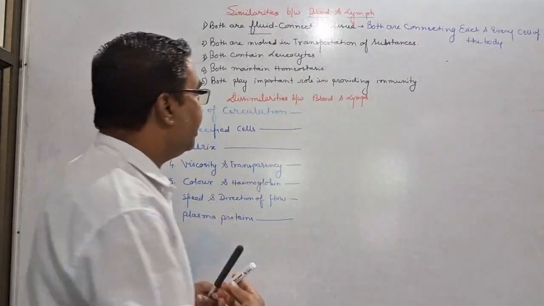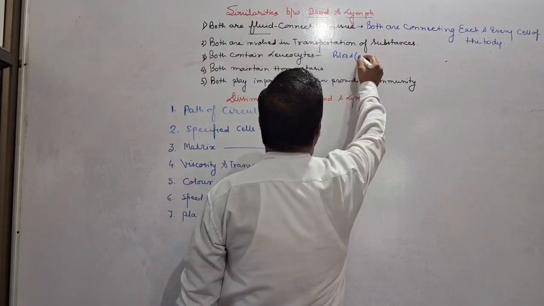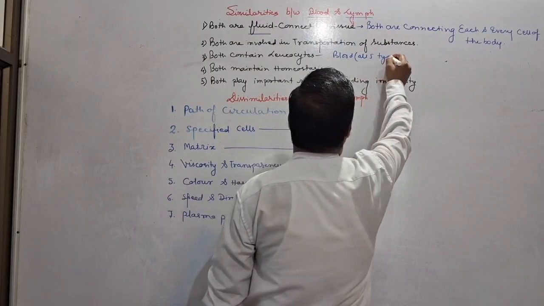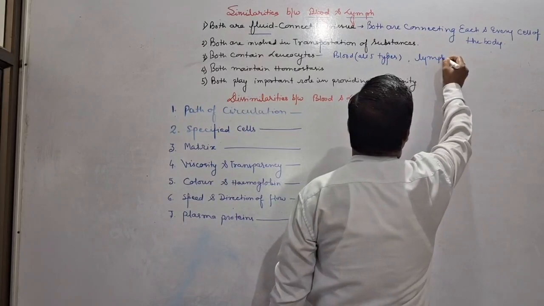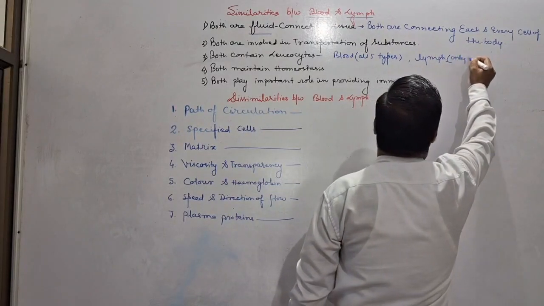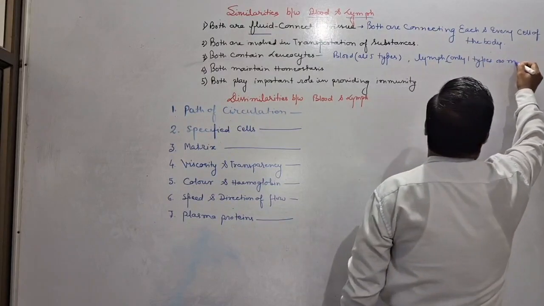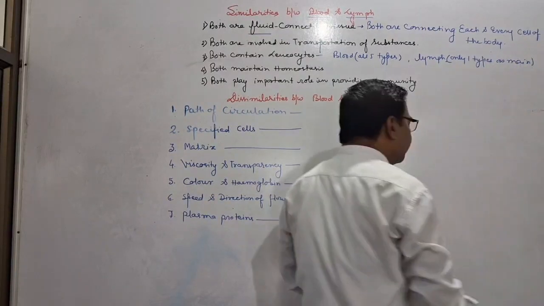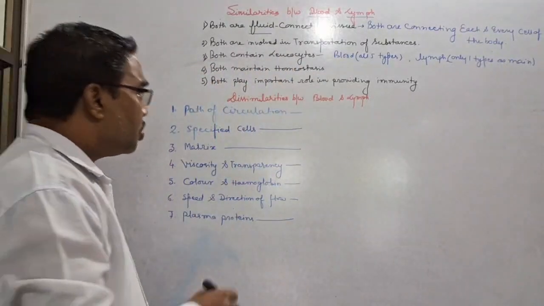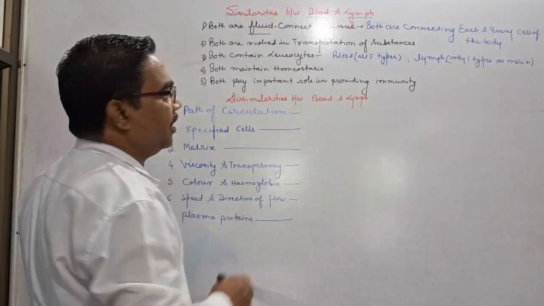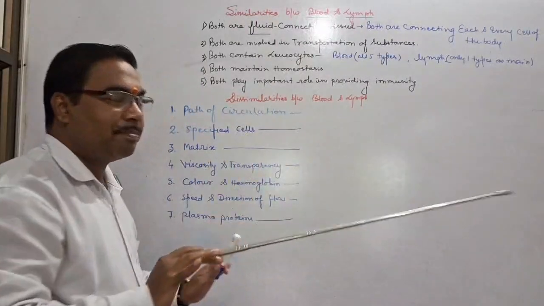You must remember that blood has all 5 types and lymph has mainly one type. Other types may be present, but mainly one type. So this is the third similarity.